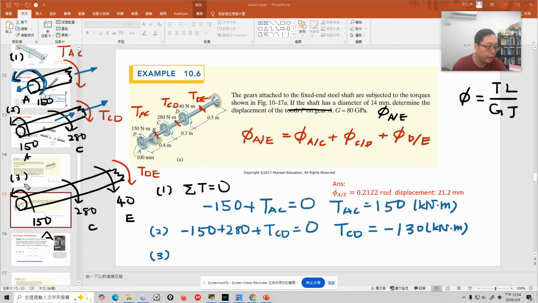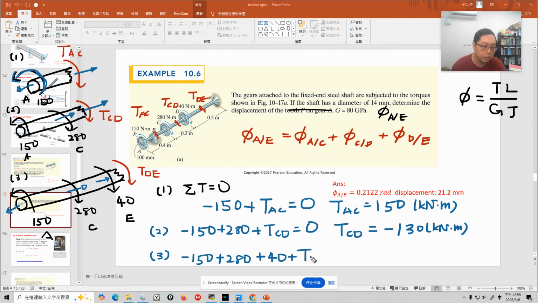The torque A negative, torque C positive, and is torque E negative or positive? Right hand rule, you rotate it this direction, so your thumb direction is here. It points outward to the surface, so it's positive.